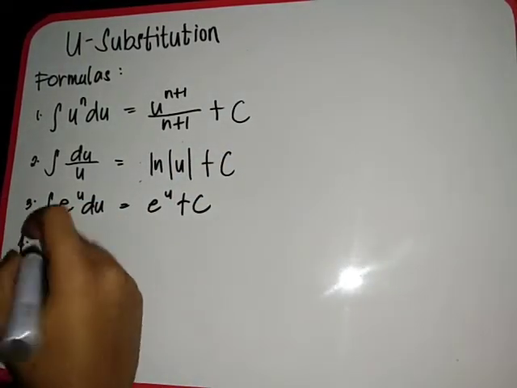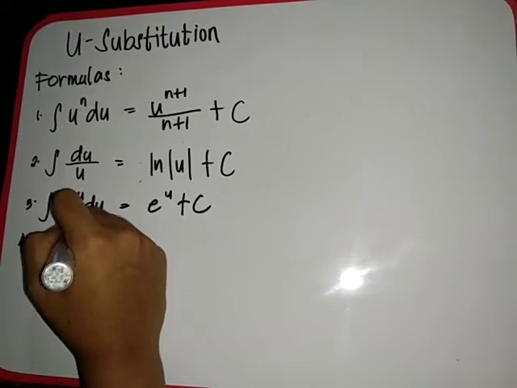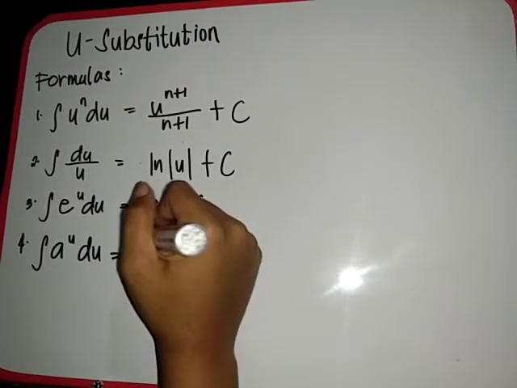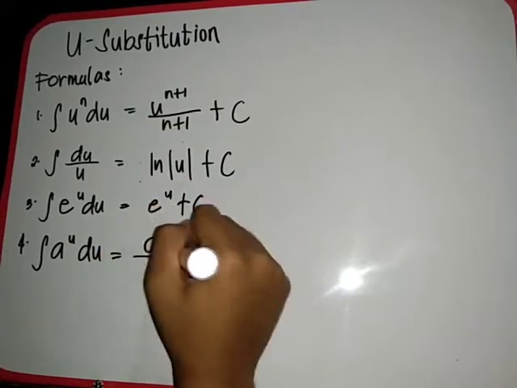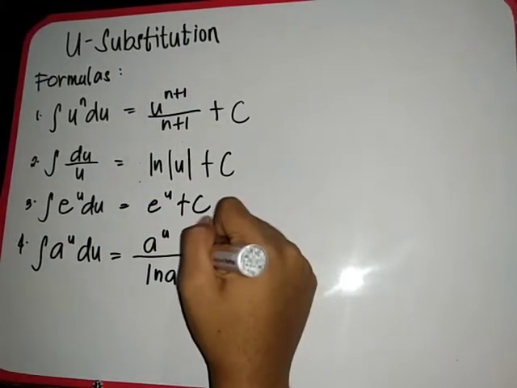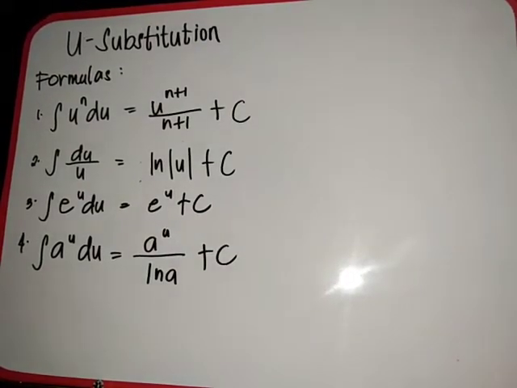And the last is the integral of a raised to u du is equal to a raised to u over ln a plus c. So that's the formula for u substitution.